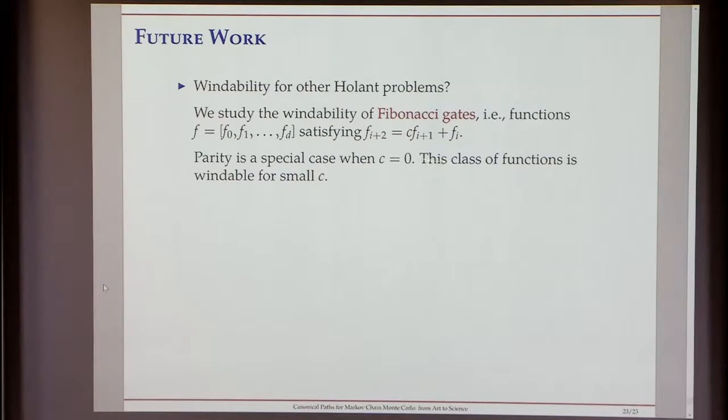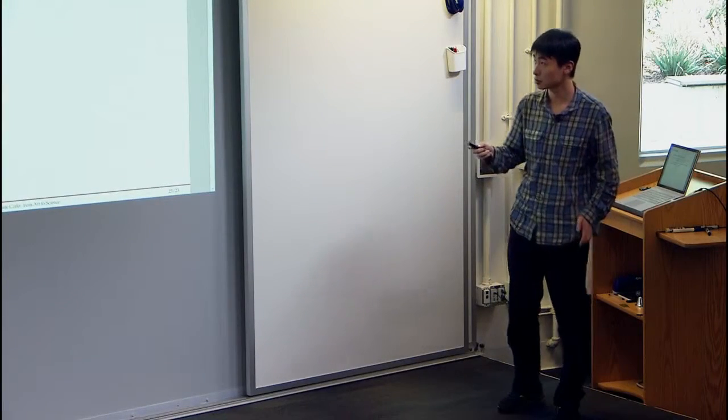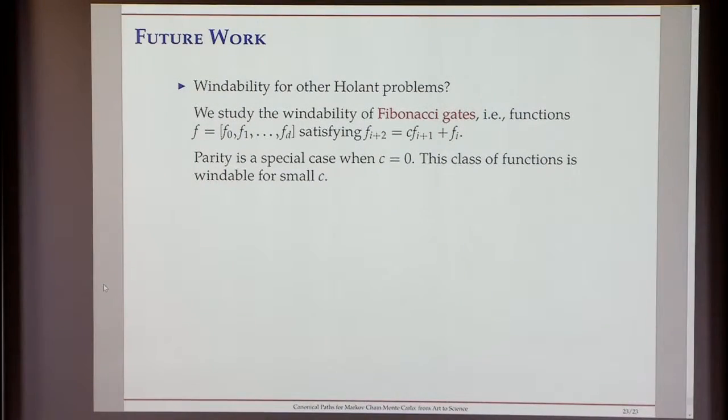And we can show, in fact, this class of functions is windable for a sufficiently small C. I think the interesting question is, can we identify some other class of Boolean HOLANT problems which is windable and can design FPRs for this using this tool.